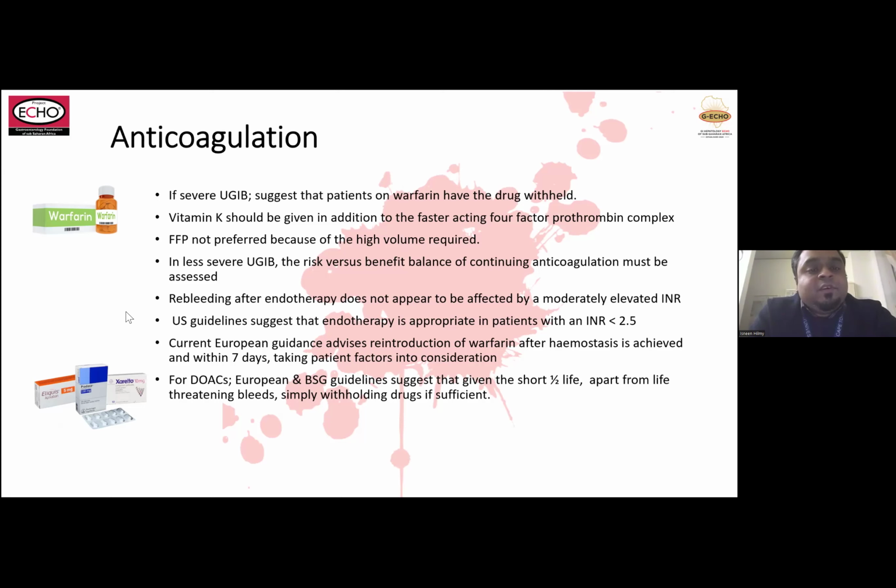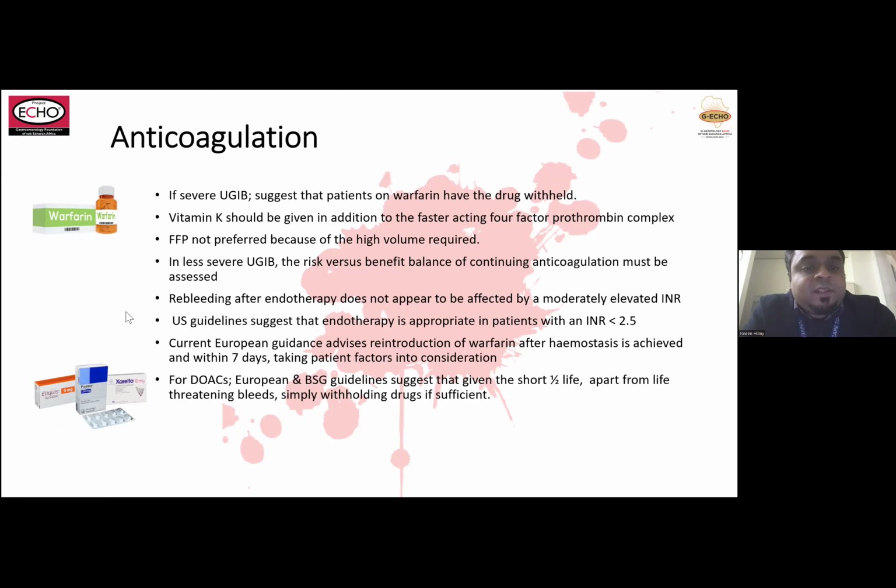In less severe bleeding, one would assess the risk versus benefit of continuing anticoagulation. But if a patient came with bleeding, we would generally stop the anticoagulation.